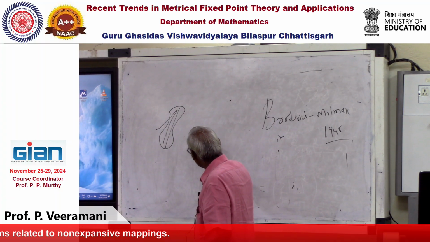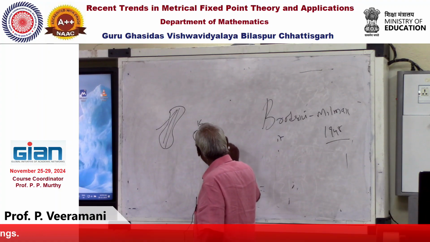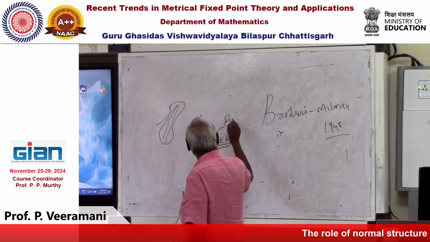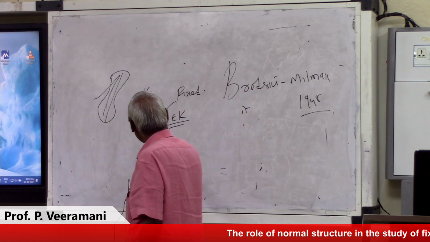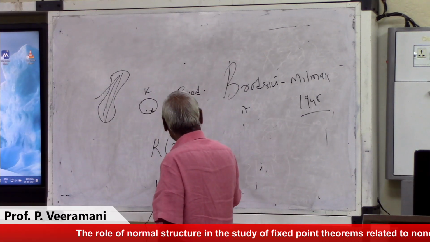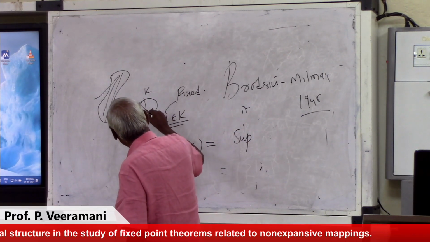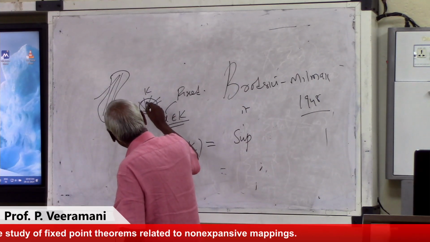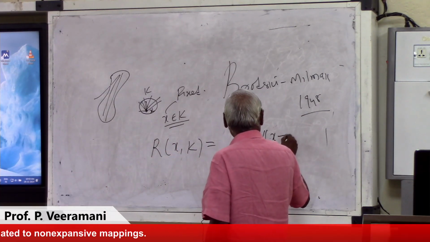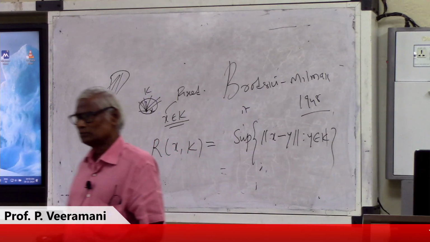You take a point here, any point, this is our set K, x belongs to K. From x, which is fixed, we call this R of x, sometimes small r or capital R does not matter. x is fixed, then from x find the distance to every point in K. That means the supremum of norm of x minus y, where y varies over K.